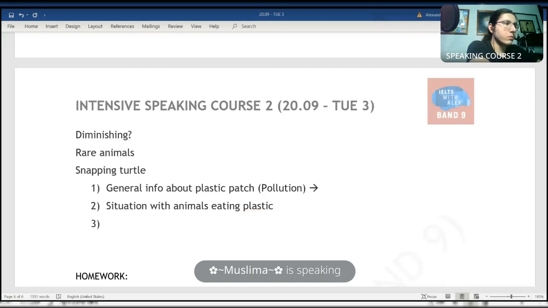So as a result, we are just losing them. For example, snapping something. You said snapping something, I didn't catch it. Snapping turtle. Yes, turtle. They're just dying, and that's a terrible situation.